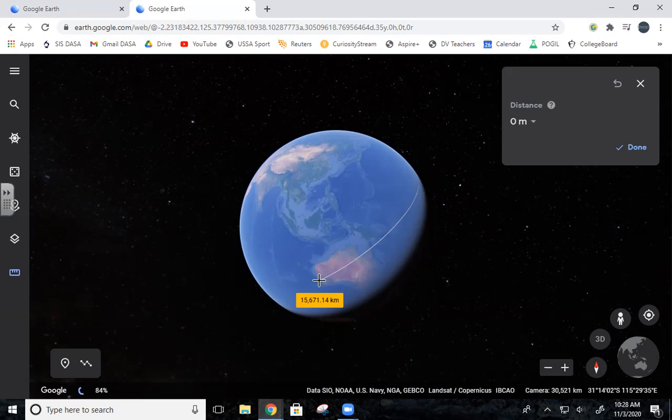We can change the prefix, but even then we start using huge, huge numbers, okay? So the distance from here to Saturn is 1,600 megameters, okay? That's a lot.